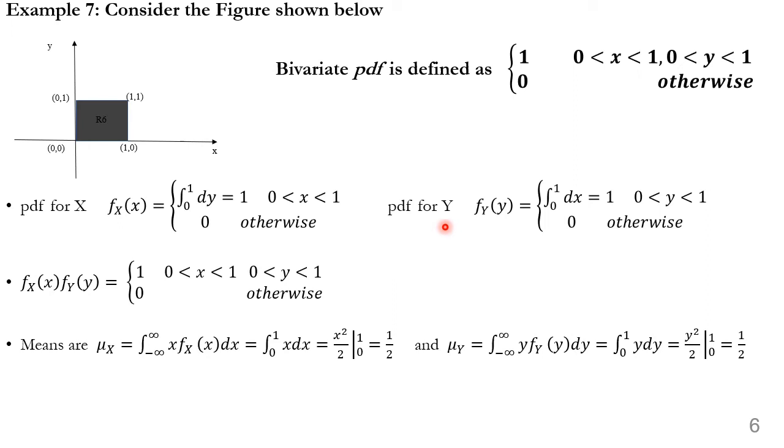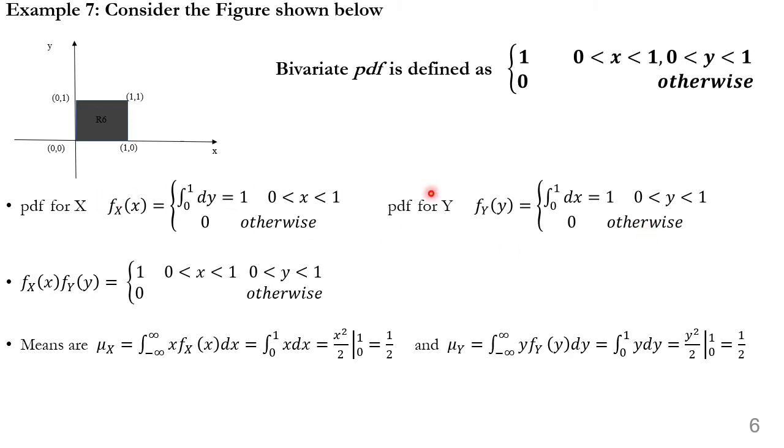Similarly, we can obtain the PDF for y. Fy of y is equal to the integral of 1, that is the PDF, with respect to dx, and here we know that x varies from 0 to 1 for all values of y varying between 0 to 1, and it happens to be 1, and it is 0 otherwise.